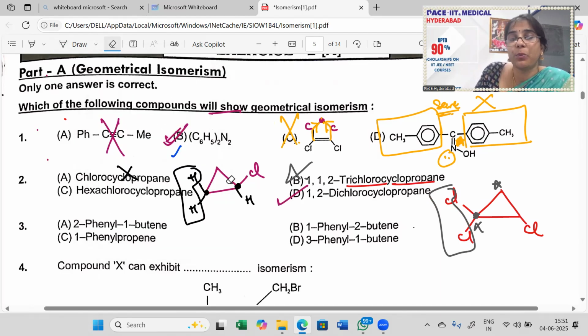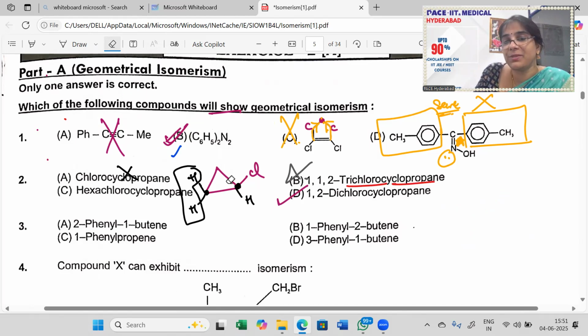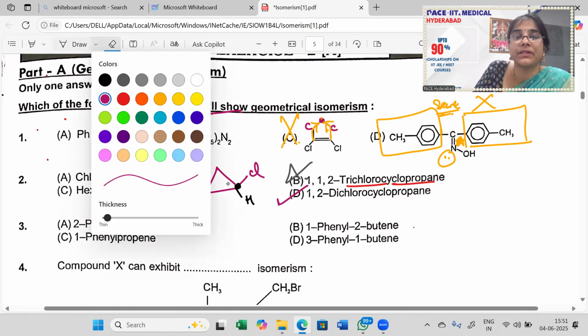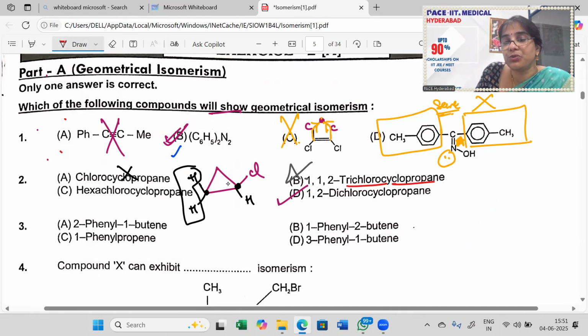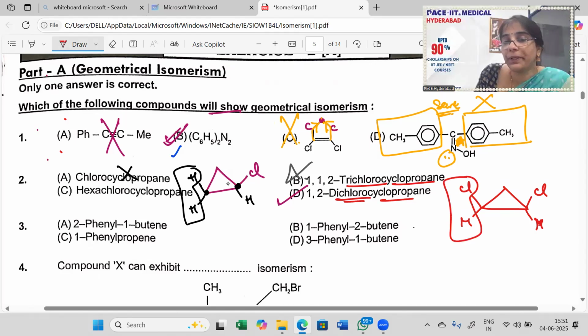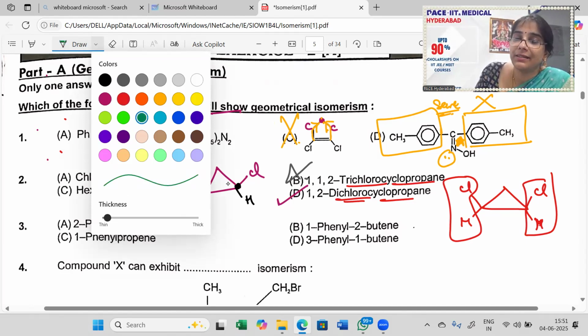Now also please check why D is the correct answer. As you can see, 1,2-dichlorocyclopropane. So obviously this will be H and this will be H. So yes, you have different groups here, C and H are different groups. Then my stereocenter is here and here.